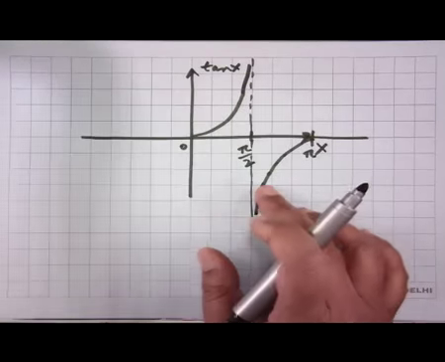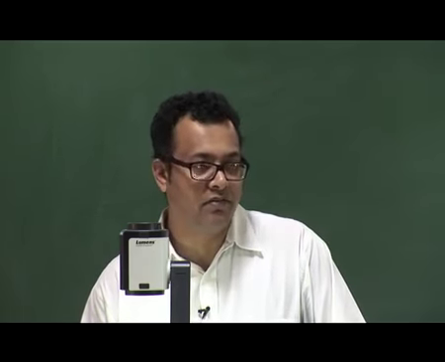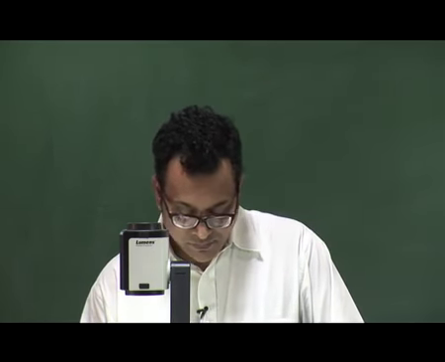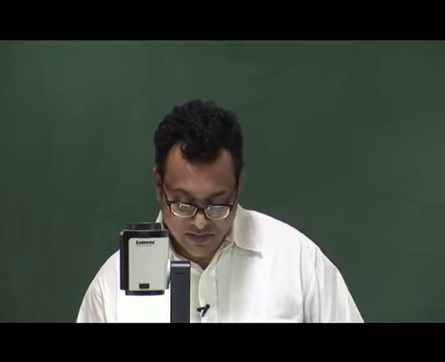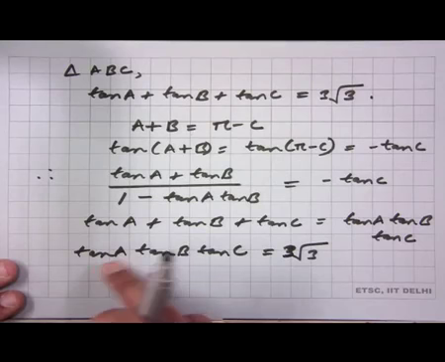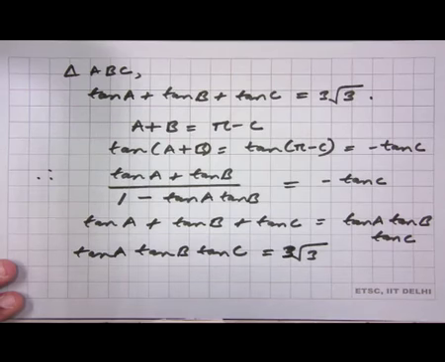But in a triangle ABC, in any triangle, 2 angles cannot be more than pi by 2, that is not possible. And since 2 angles cannot be more than pi by 2, it is clear that for these 3 terms, we cannot have a situation where exactly 2 of them are negative.